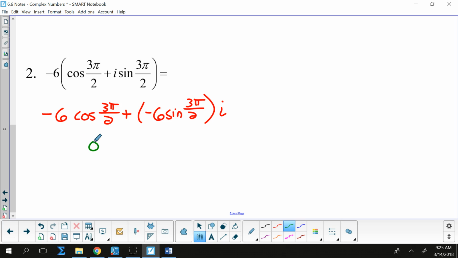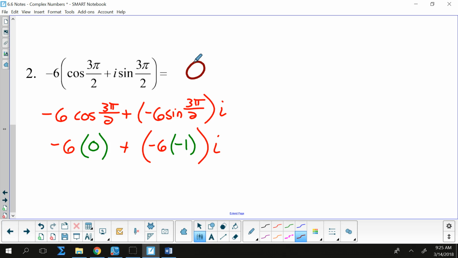Sine at 3 pi over 2 is -1. -6 times 0 is 0. -6 times -1 times i is plus 6i. Which we could then also just write as 6i.